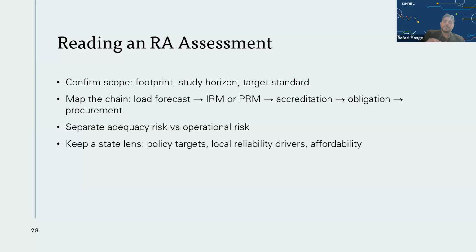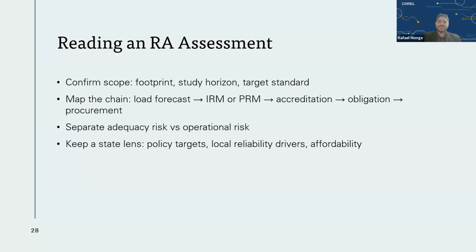The load forecast fits a reserve requirement, such as installed reserve margin or planning reserve margin. Resources are accredited, often using effective load carrying capability or ELCC, and accredited capacity translates into obligations or procurement that affect customers' cost.